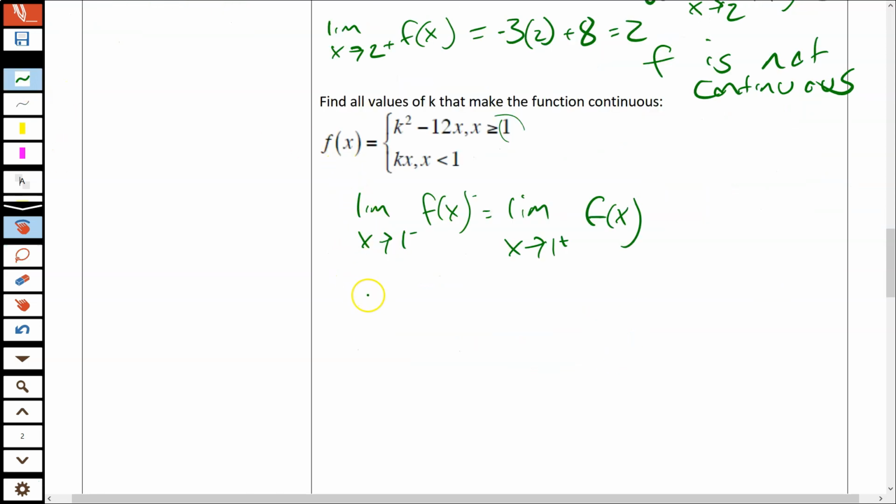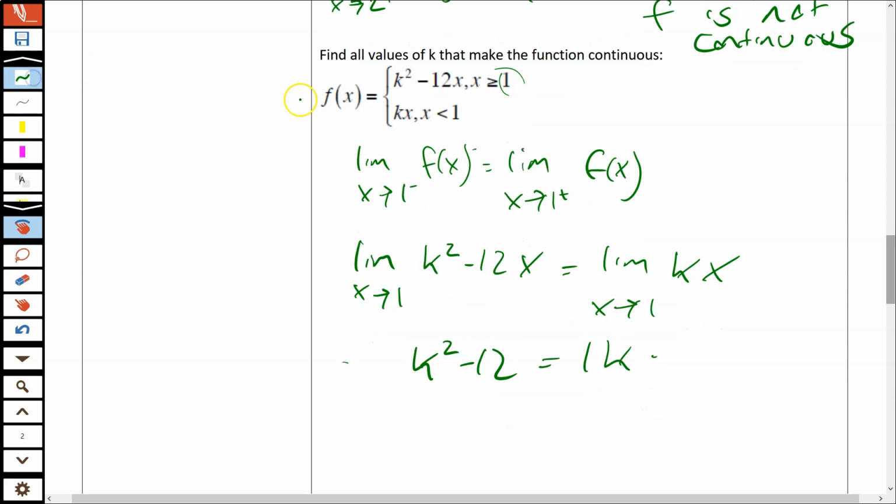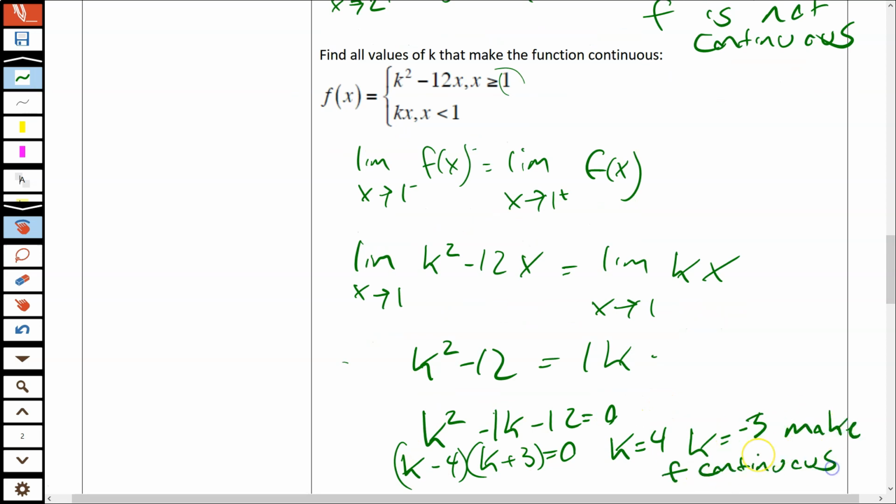Okay, well, that means that I need the limit as x approaches 1 of the left-hand piece to be equal to the limit as x approaches 1 of the right-hand piece. Now I can just plug this in. So k squared minus 12, and then 1k. And make sure that's an x and not a k. That's a common mistake. And then this is math you know how to do. So those are the values of k that make f continuous.